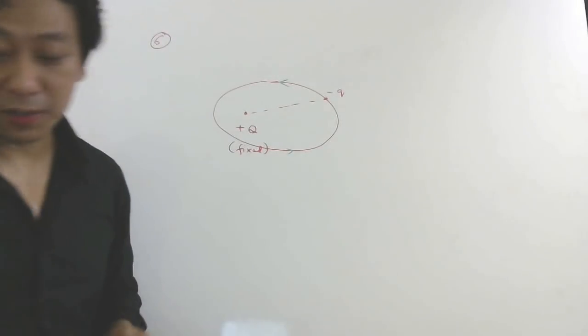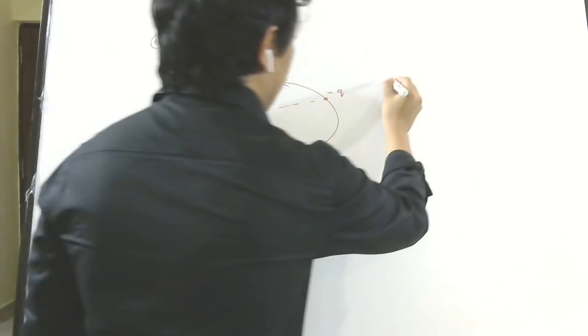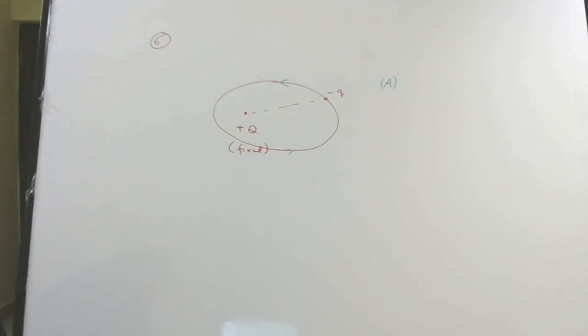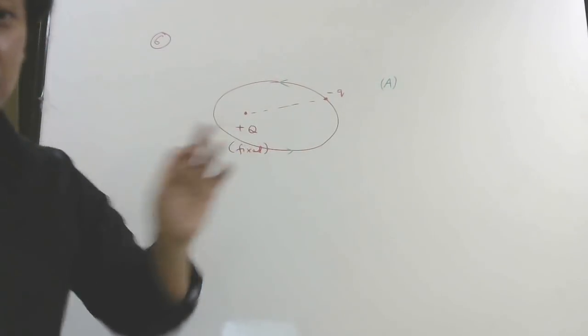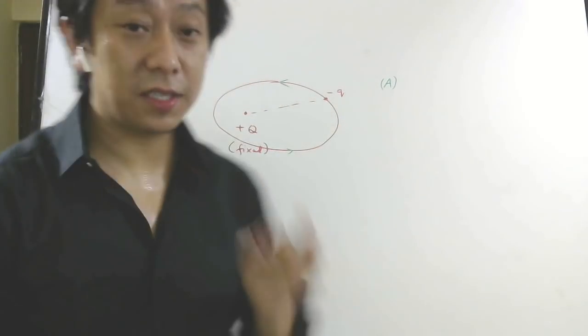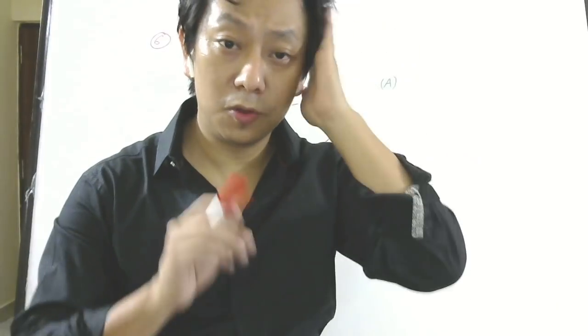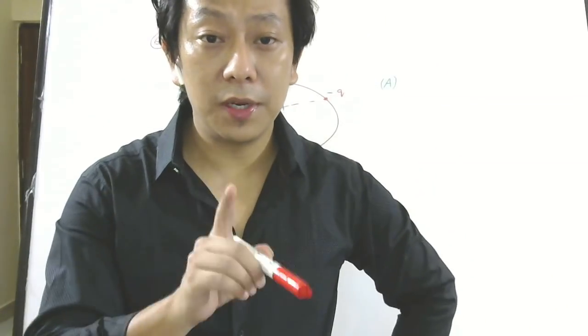They are asking us to tick the correct statement. So the first statement is: linear momentum of the charge minus q, linear momentum of this charge is conserved, they are saying. Now for this you have to go to first PU concept. When is momentum conserved?